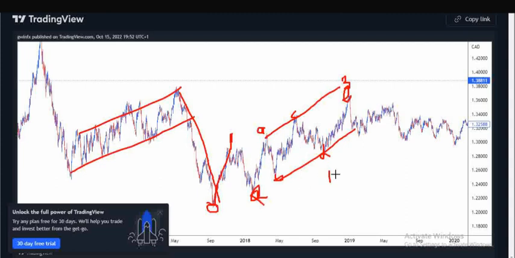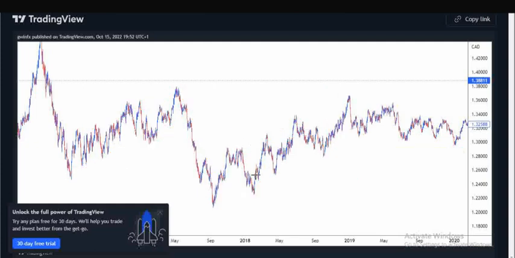Wave 4 should not retrace below the price origin of wave 1, and number 2, wave 3 should not be the shortest wave. So here we're looking at wave 1, and then look at the price distance traveled from wave 2 to 3. So it's actually the longest wave for this one. So this labeling fits the criteria.